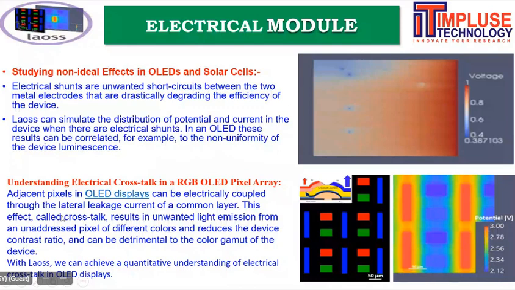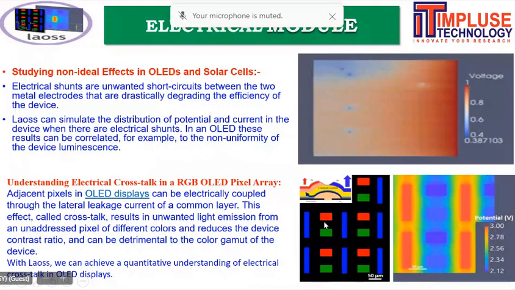This effect is called crosstalk, and it results in unwanted light emission from the unaddressed pixels of different colors. You can see in this image that red, green and blue, three different colors, are there, and these are different pixels. The square pixels are there.